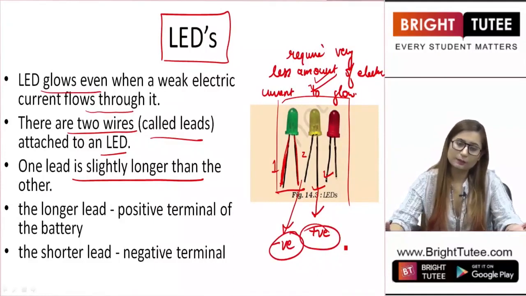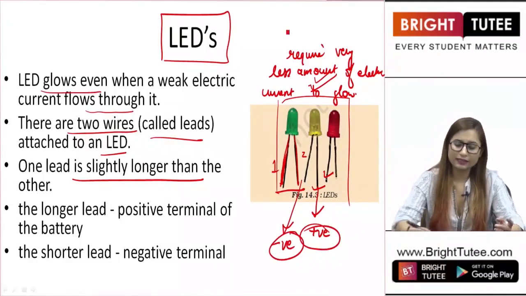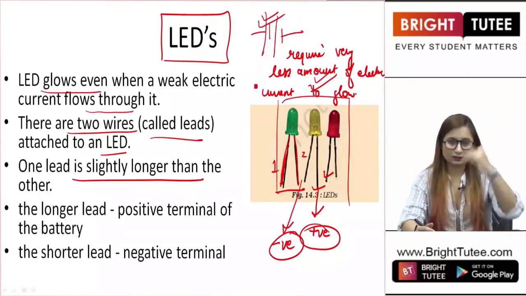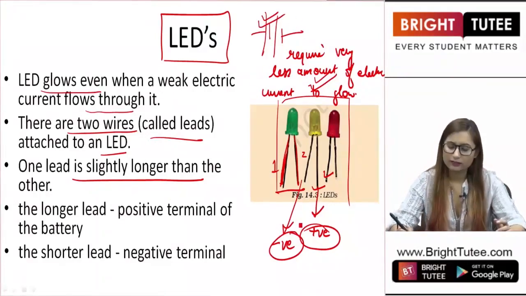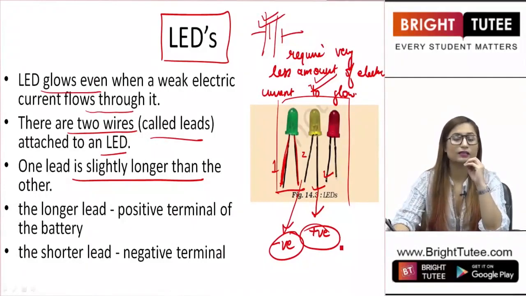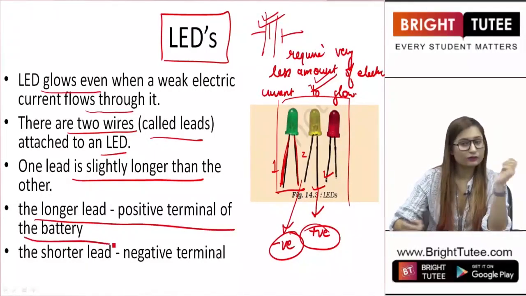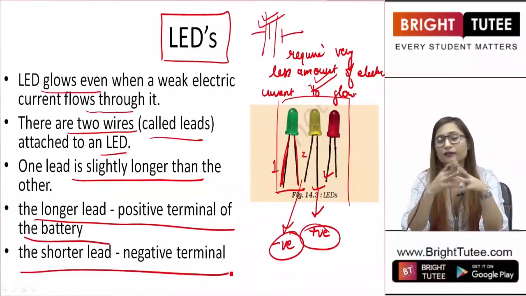You must remember it this way. In the battery as well, the positive terminal is represented by a longer line, while the negative terminal is represented by a smaller line, right? So the longer LED wire goes to the positive terminal of the battery, and the shorter LED wire to the negative terminal. This is how we make the connections.